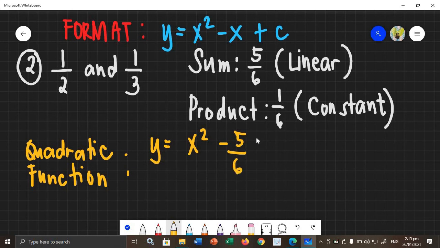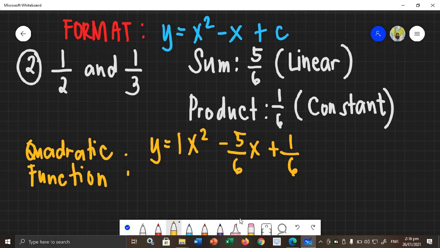So write mo lang siya kaagad. 5/6x plus 1/6. So wala ding problem kasi positive sila lahat. But then, take a look at this, no? Fraction yung coefficients ng linear term and yung constant term mo ay fraction din. So, tingin ka sa coefficient ng quadratic term mo. Kapag wala nakalagay na coefficient dyan, that will be equal to 1, diba?